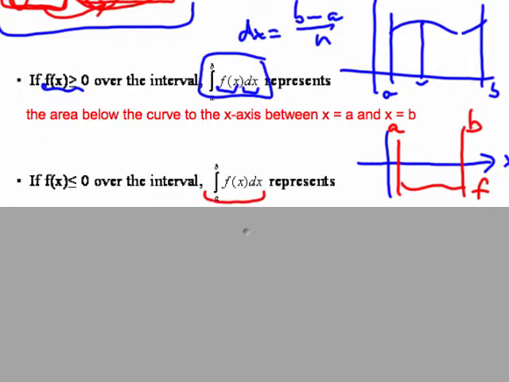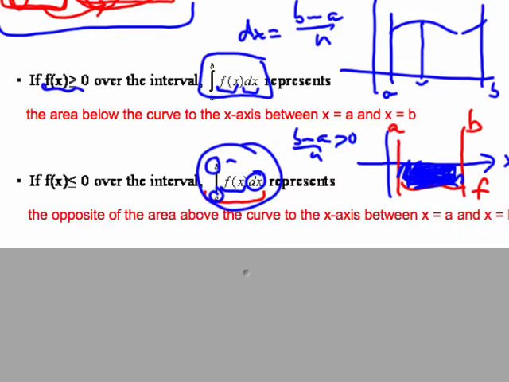Well, f of x would be the height of the rectangles, which in this case would be negative. dx would continue to be positive, because we're going from the end to the beginning, so b minus a over n is still going to be a positive quantity. And so if we sum up, which is what the integral sign means, all of these rectangles with a negative height and a positive width, we're going to get a negative value.